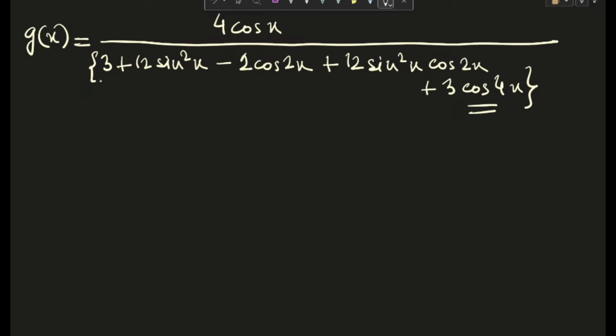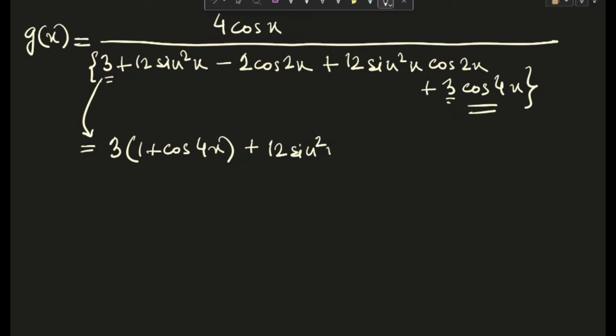Okay, so let's take this thing and group it. I can see 3 here and 3 here, so let's make this 3 times (1 plus cosine 4x), and we will take 12 sine squared x common too, so 1 plus cosine 2x, and this is minus 2 cosine 2x. Now 1 plus cos 2 theta is 2 cos squared theta.